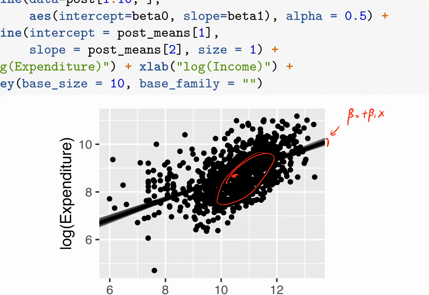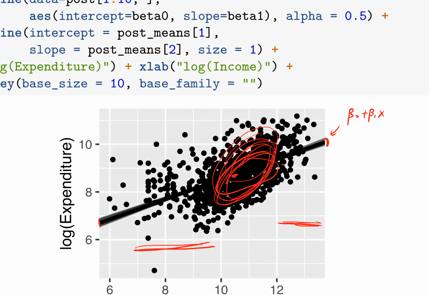You're going to have a larger spread when you're not in the condensed area, when you have fewer data points.